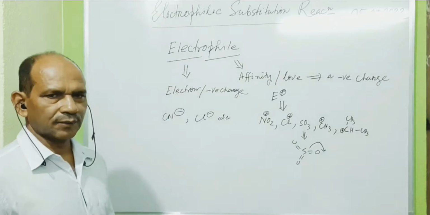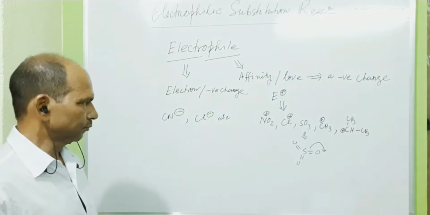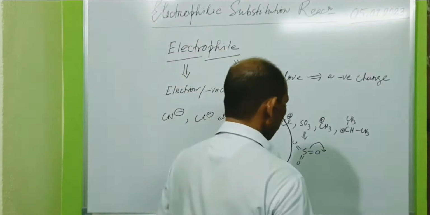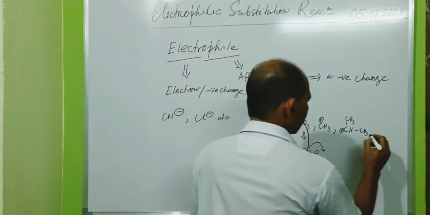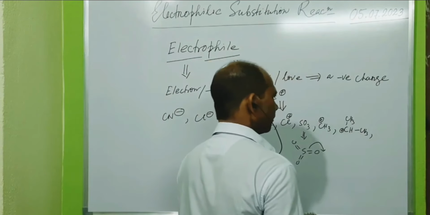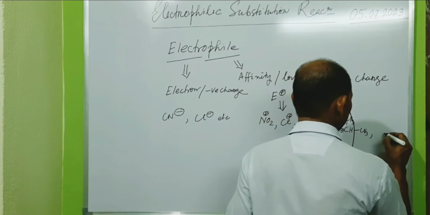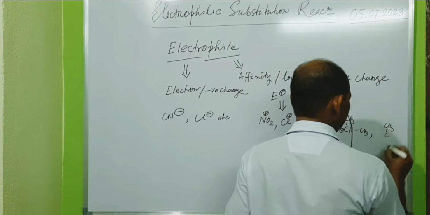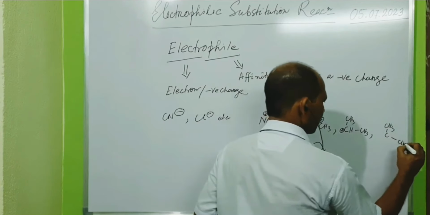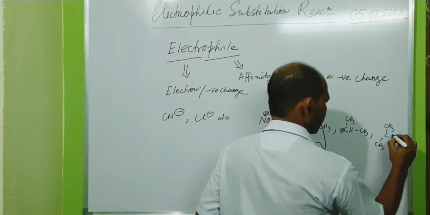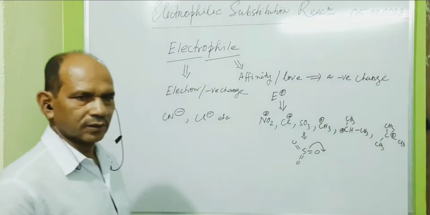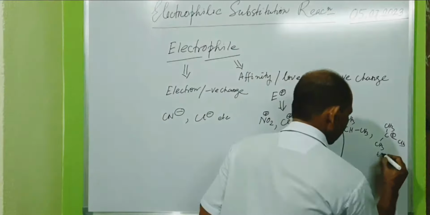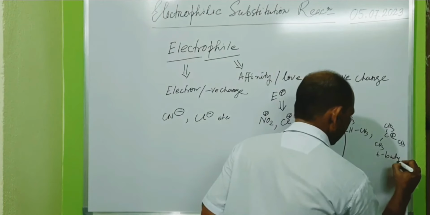This is isopropyl carbocation, we know. There are tertiary carbocations like tertiary butyl carbocation, in short we write t-butyl.